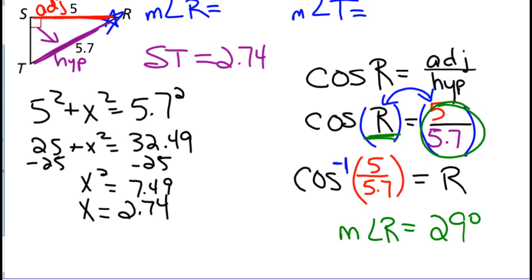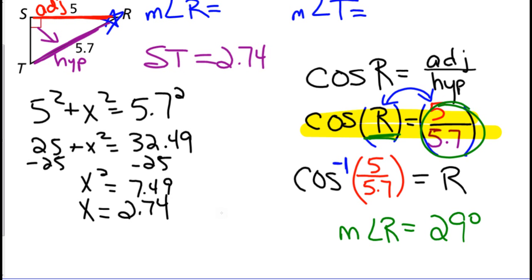So you still set up your cosine, sine, or tangent, whichever one you're using. You still set up that original equation or formula, if you want to think of it that way, and you plug in what you know. The only thing that's really different this time is this section right here.